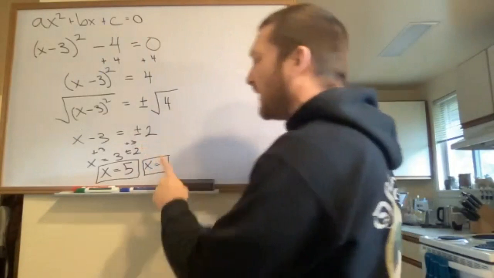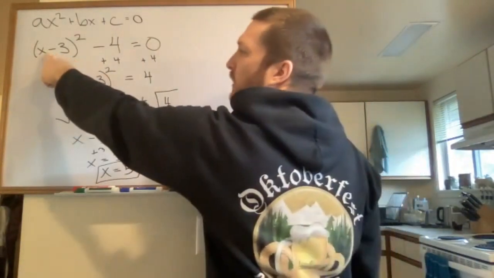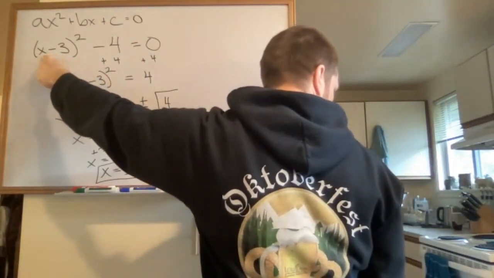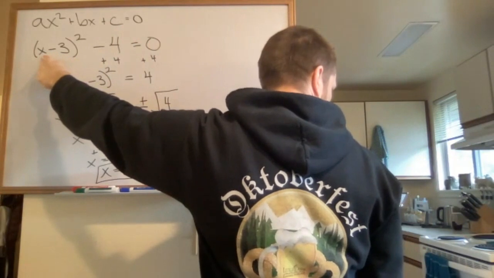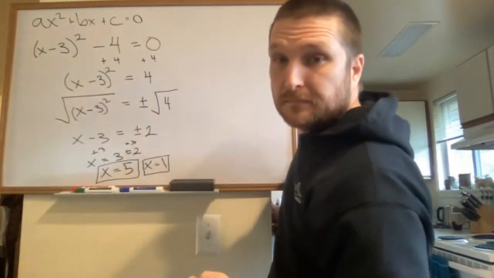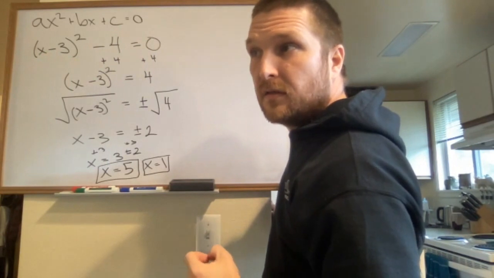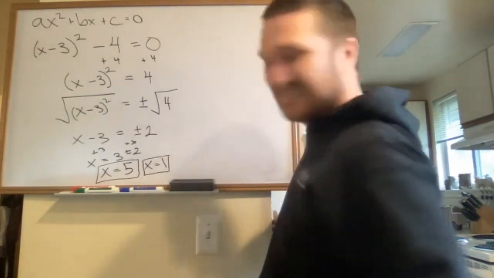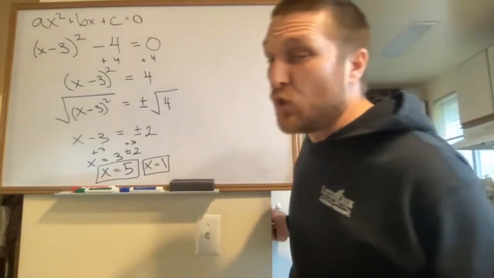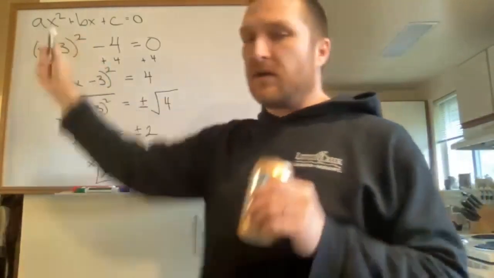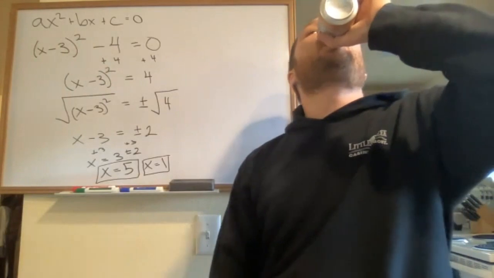Let's check the other one real quick. 1. What happens when I plug in a 1 right here? 1 minus 3 is -2. Negative 2 squared is? 4.